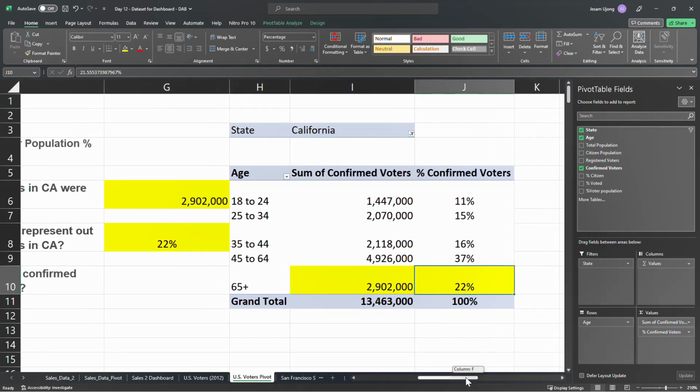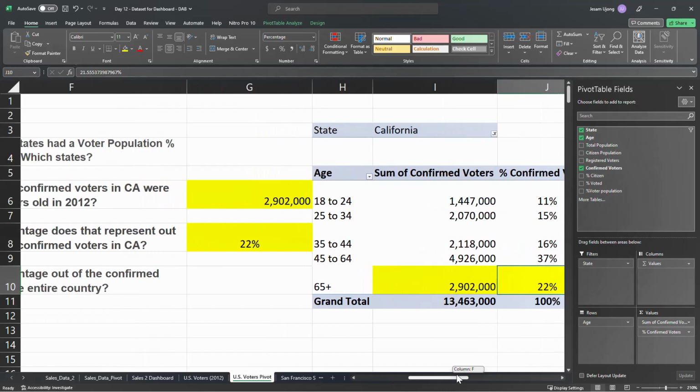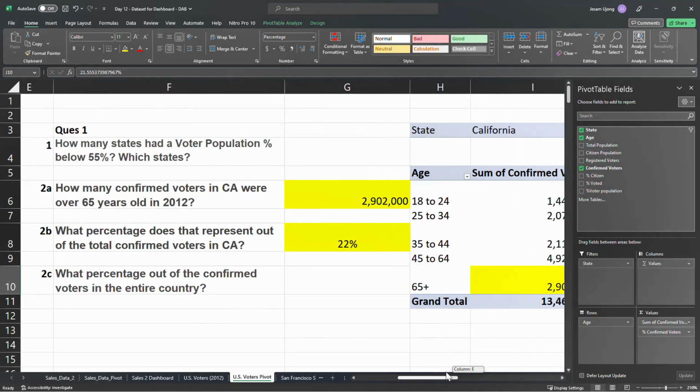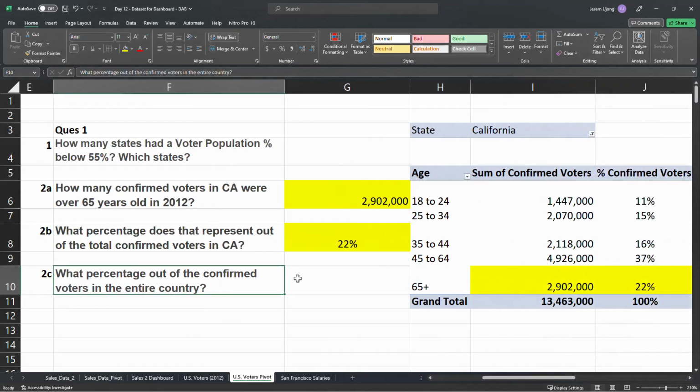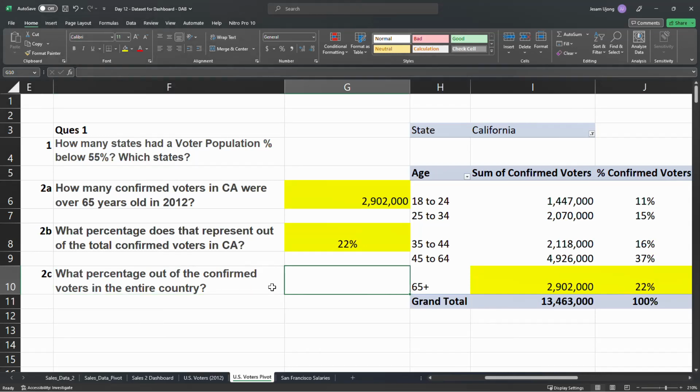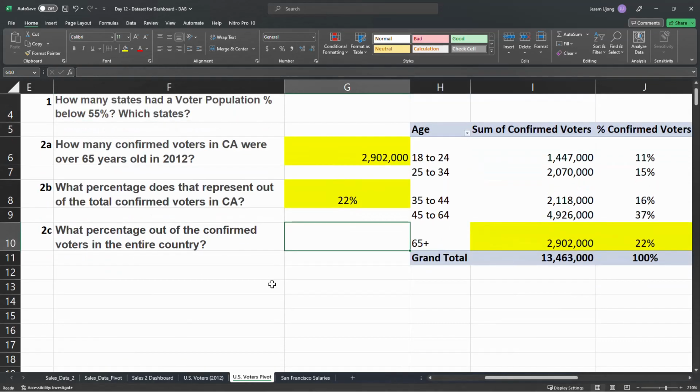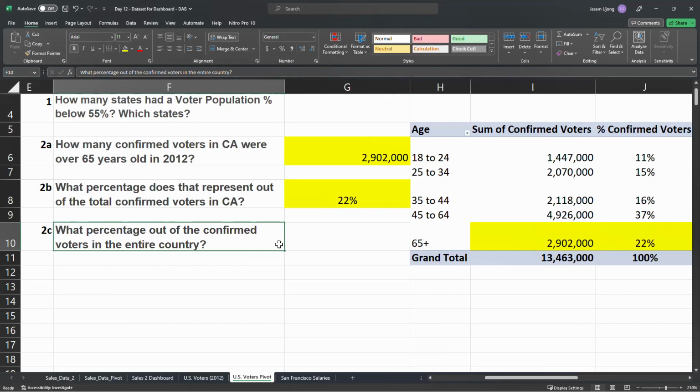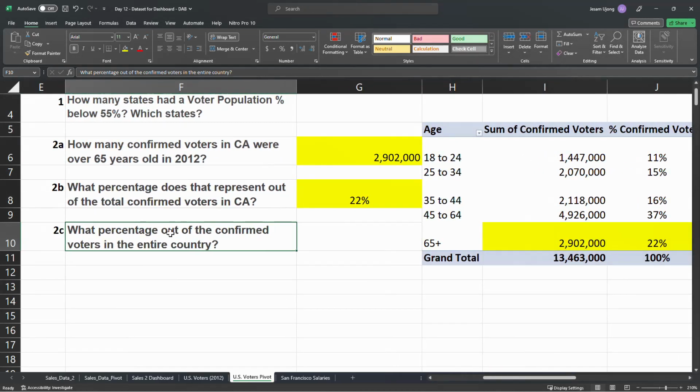Okay, I hope that's understood. The third question, and this one I am scared of, because if I don't get it right, I'm deleting the recording for today's class. So what percentage? The question here is what percentage out of the confirmed voters in the entire country?